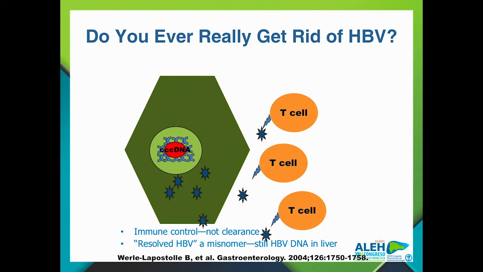We have an immune system which keeps it at bay if small amounts of virus are actually released, and there are studies in patients that have had hepatitis B and cleared where biopsies have been done, and you can stain the biopsy for HBV DNA and it can turn positive. So the virus still exists.